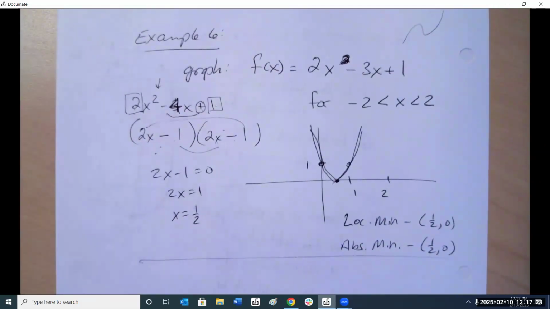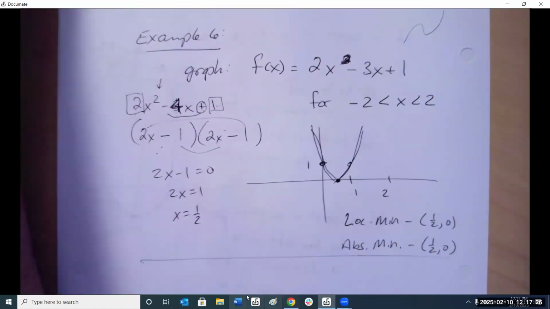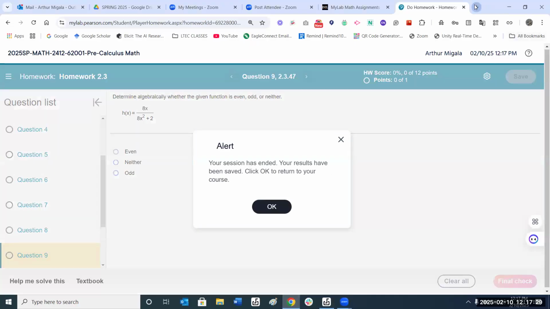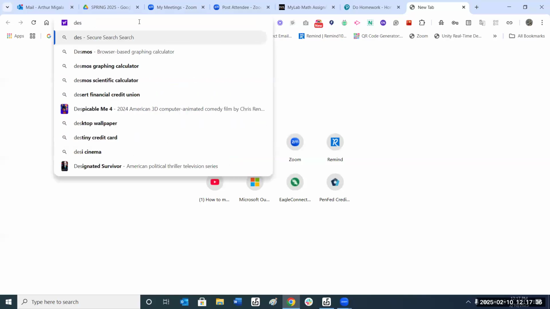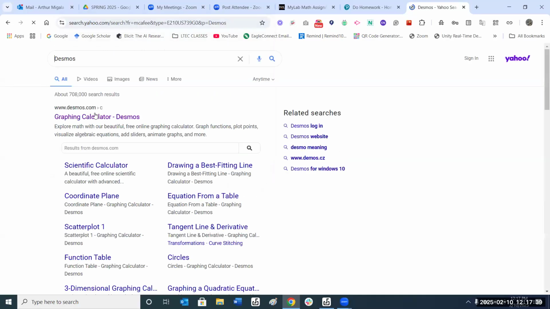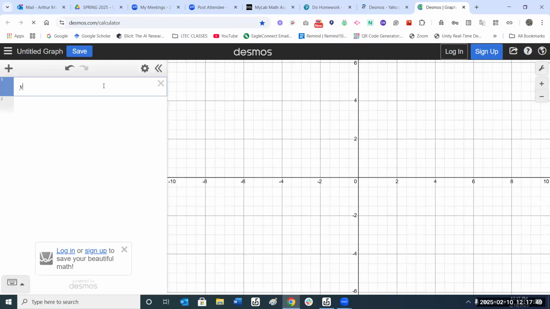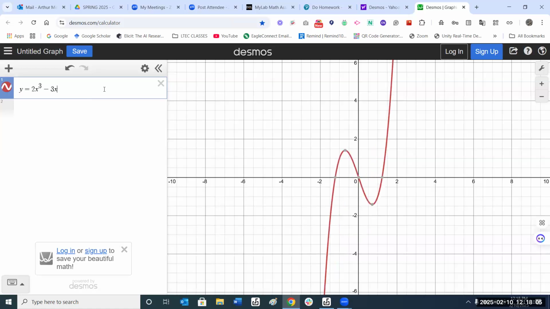Let's go ahead and look at what the graph would look like if we put the cubic in there. 2x cubed minus 3x plus 1. That's what the graph would look like.